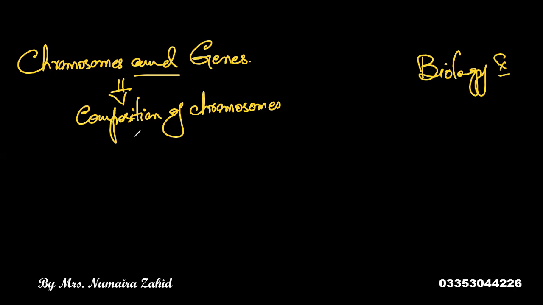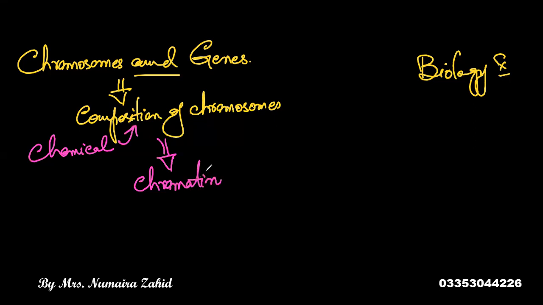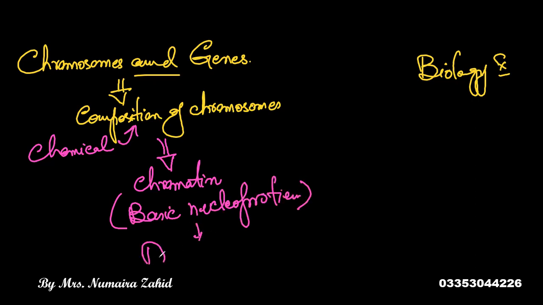When we talk about the chemical composition of a chromosome, we see that the chemical material of a chromosome is called chromatin. Chromatin means a basic nucleoprotein. This nucleoprotein is called deoxyribonucleoprotein.